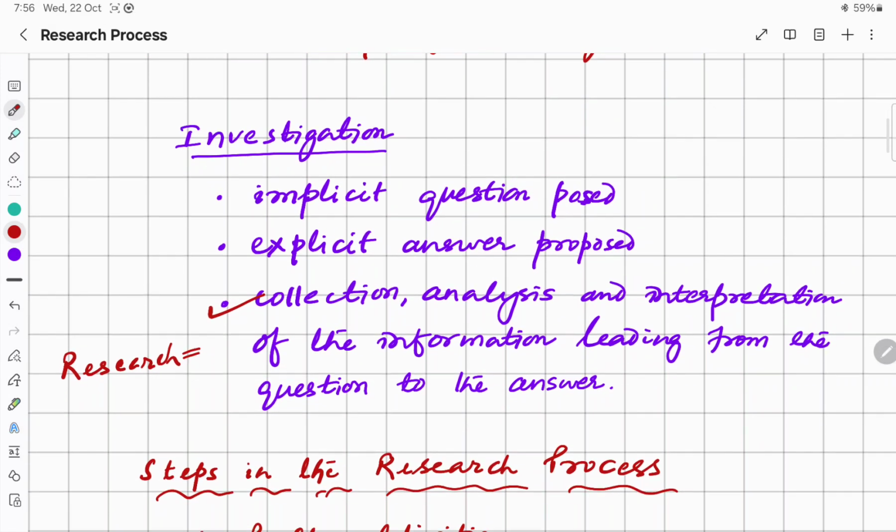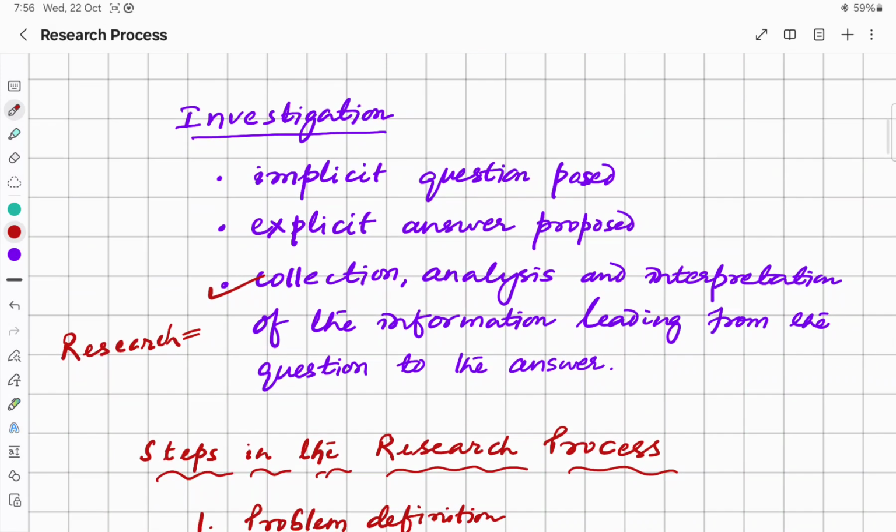So when we say investigation, there are two things. One is the question and the second is the answer. So the question posed and the answer proposed. And the question is usually implicit, means not clear, whereas the answer is always explicit, that is clear.